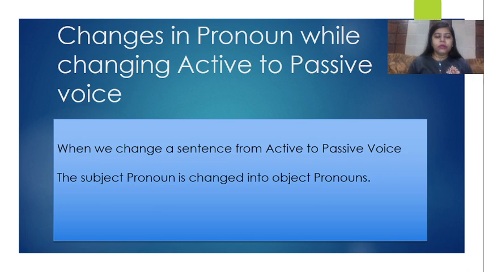Whenever the subjective pronoun is there, we are going to change it into objective, and when the objective pronoun is there, we are going to change it into subjective. Why are we doing so? Because we change the places of subject and object. In place of subject we write object, and in place of object we write subject. So we need to change subjective pronoun to objective pronoun and objective pronoun to subjective pronoun.